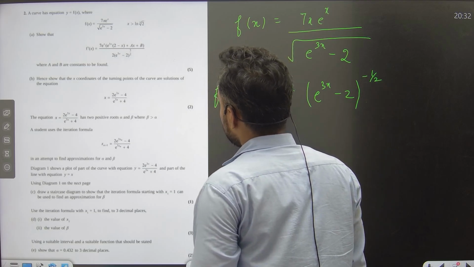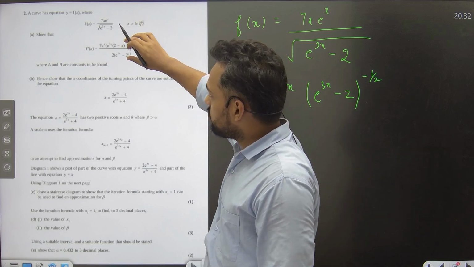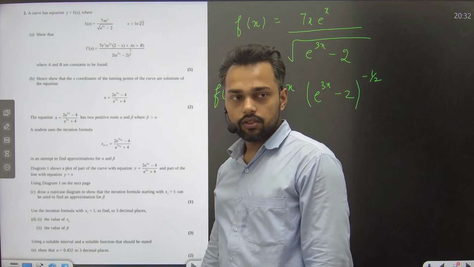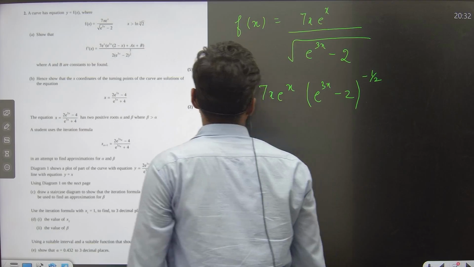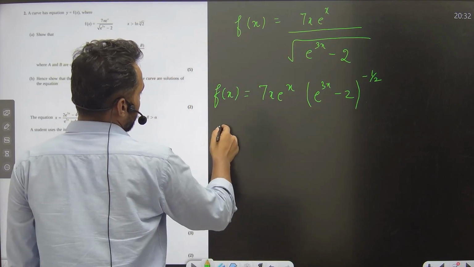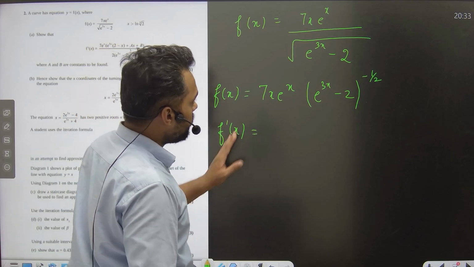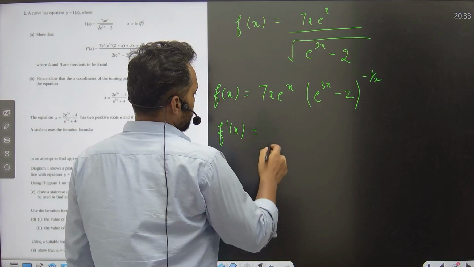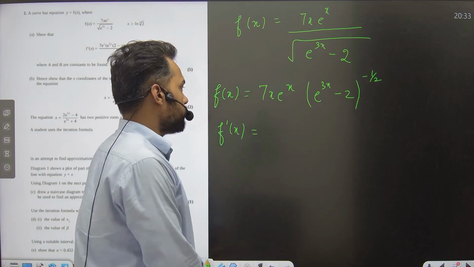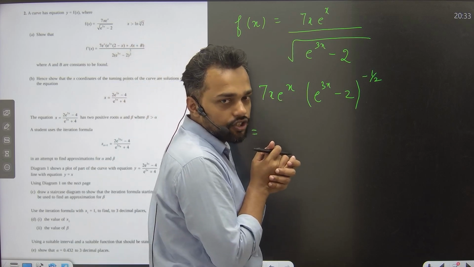The first part is to show that the derivative of the function f(x) is given by this particular format. So let's do this part. We need to apply the chain rule here. So f prime x will be equal to, we are differentiating now, students, 7 times, okay, here we can see that there are 3 functions given. So first let's suppose we take x into e power x as the first function.